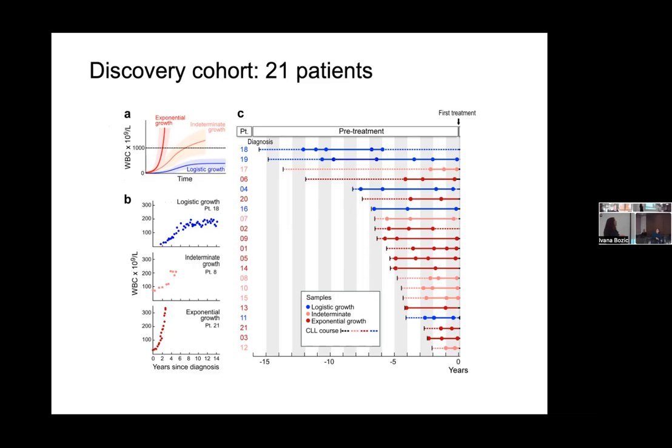When we went to the validation cohort, the larger cohort where we wanted to confirm our findings, that cohort contains CLL patients that were treated and those that never needed treatment. So it also contained patients that had more indolent disease. And there we actually looked at the need for treatment as a variable that correlates with the growth pattern.